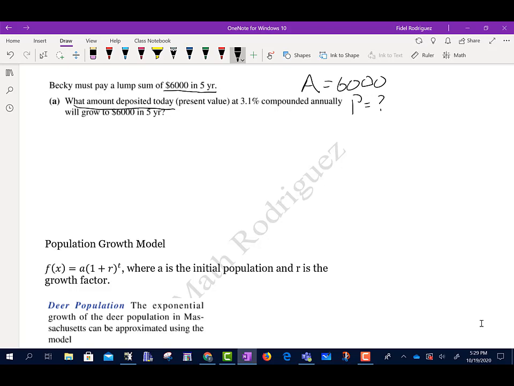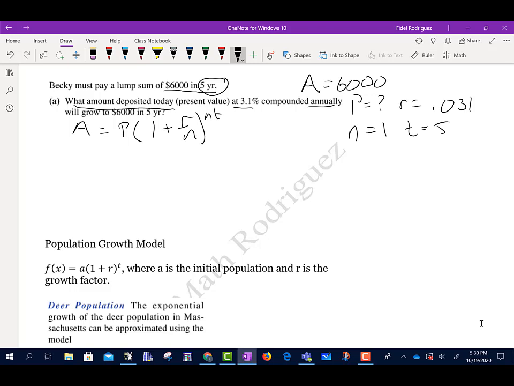We do know that the interest rate is 3.1%, which is 0.031. We know that our n, if it's being compounded annually, is just once a year, and our time is 5 years, so t equals 5. So when I write out my formula, A equals P times 1 plus r over n to the power nt, we actually know the amount.